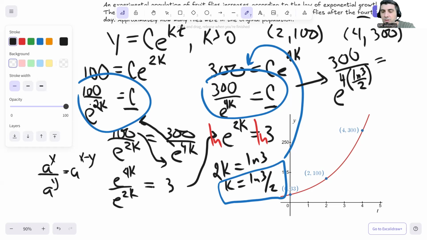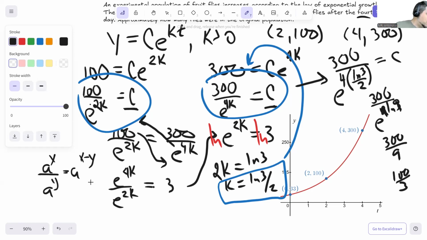Okay, that equals c. So this is going to be 300 over e to the 2 natural log 3. And remember the power property for logs, that 2 in front can go up on the top of the 3 as an exponent. So it'd be 3 squared, which is 9. And then the e and the natural log cancel, and you have 300 over 9, or 100 over 3. Or you could think of that as approximately 33 or 33.3 repeating.